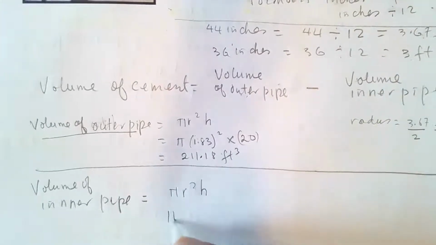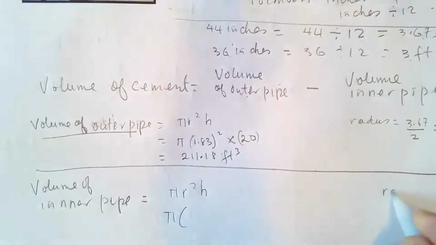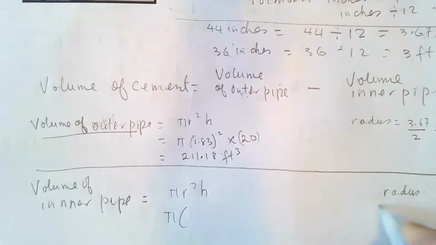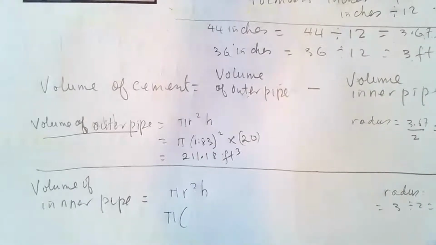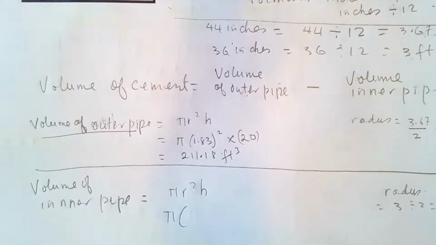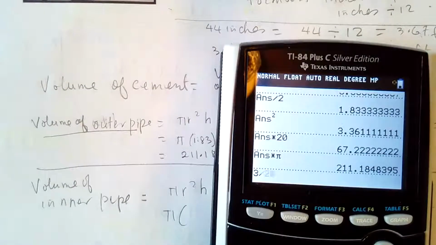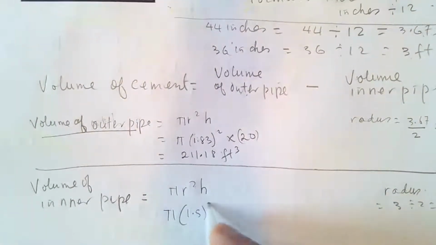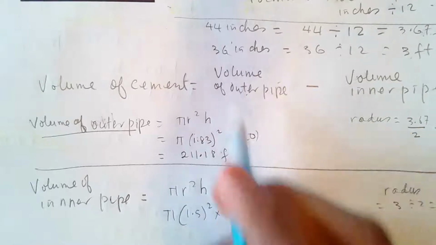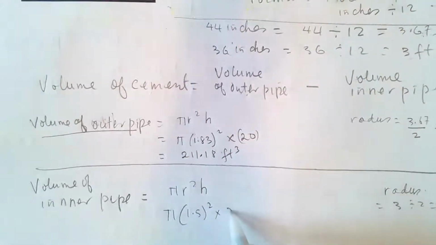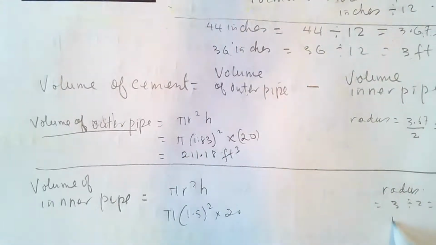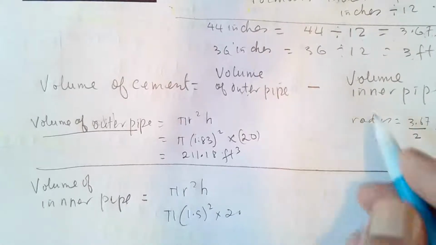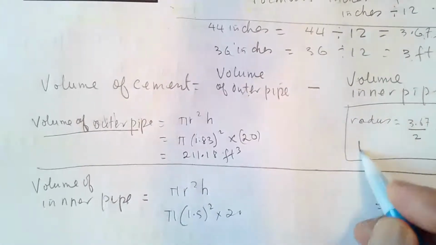So radius is equal to 3 divided by 2, which gives us 1.5 feet. So 1.5 squared. The length is still the same, 20 feet. So the height is 20 feet.